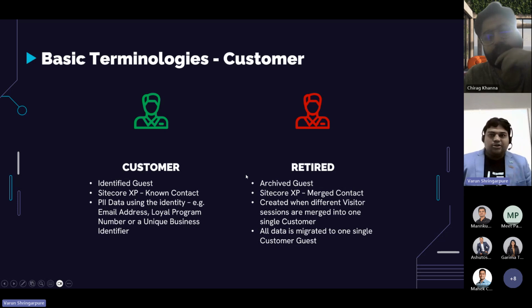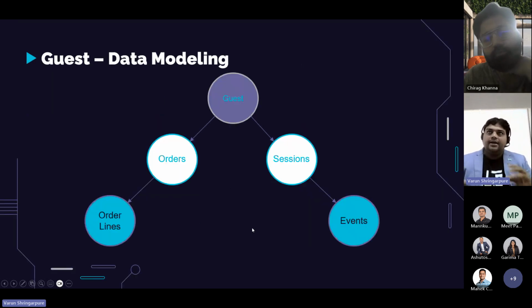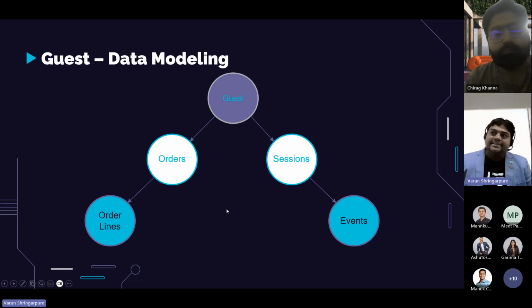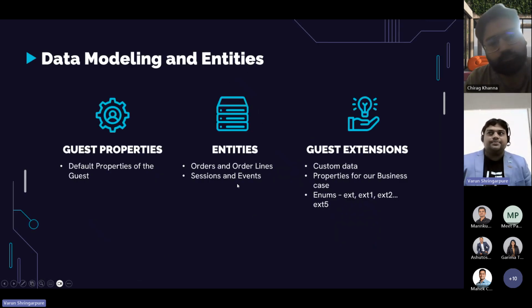So keep watching. This is the overall gist of it, and a little bit into data modeling of the guest. As we mentioned, we can make the guest more robust, because Sitecore has built an extensive data model and parameterizes various things as a part of the guest. Every guest has different entities called orders and sessions.